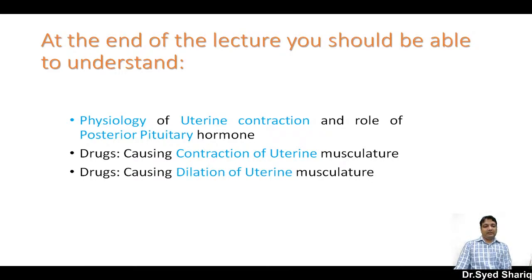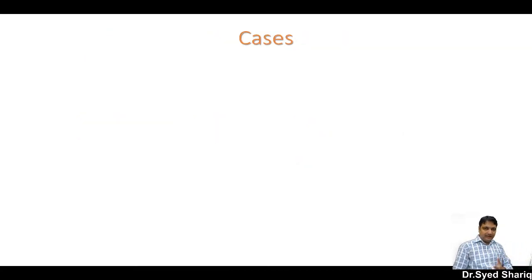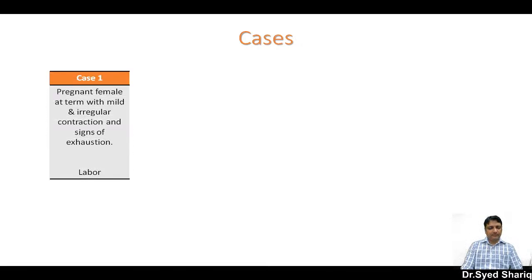Then we will discuss the opposite drugs, that is the drugs which can cause relaxation of the uterine musculature. And to understand this better, we'll take three very easy cases, and we'll try to understand which drug to be given in these three cases, and how to give those drugs. So case one is a pregnant female with mild or irregular contractions and signs of exhaustion.